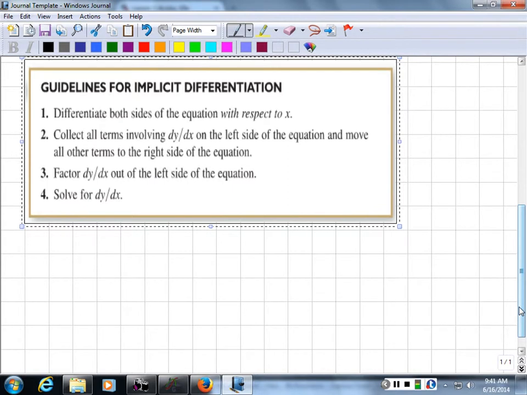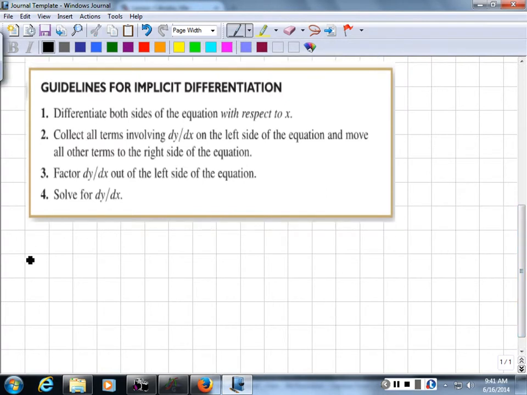Anytime I take the derivative of y in this case, I must multiply it by either a dy over dx or a y prime, because that indicates that I have taken the derivative of that function with respect to x. And then I'm going to have to factor that out. So keep that in mind.